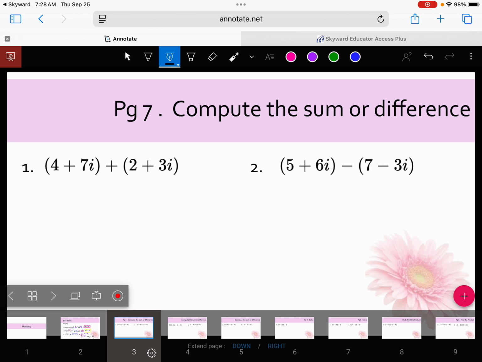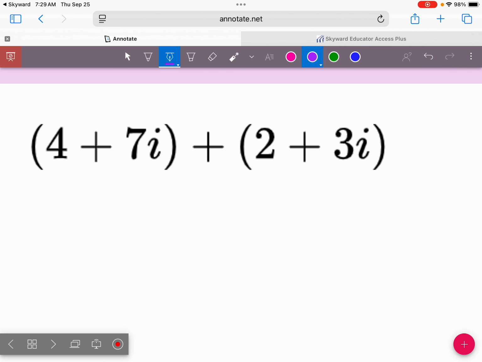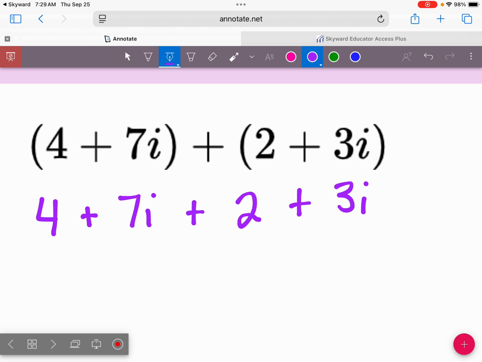If this was subtraction, we would need to distribute that over here. But I don't have anything happening in front of this parentheses, and this one's just a plus, so it doesn't really change anything. So this is 100% the exact same thing as if I wrote this as 4 plus 7i plus 2 plus 3i. It's just been broken up into pieces.